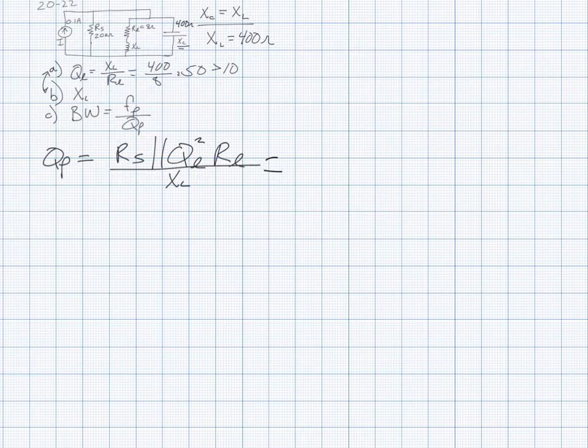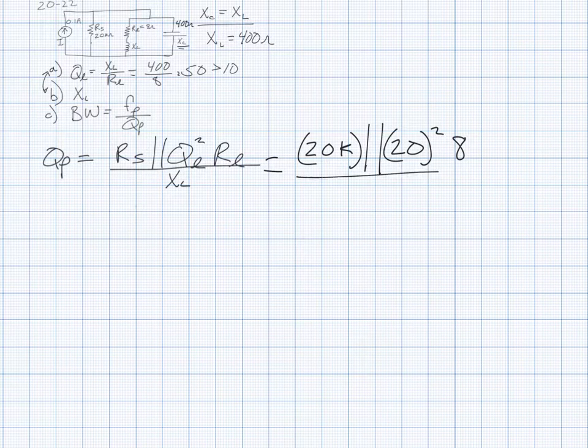So let's go and put them in. We got 20K, and that's in parallel with 20K squared times 8 divided by 400, okay? And then if we go ahead and multiply that whole thing out, you're going to get 25, okay?